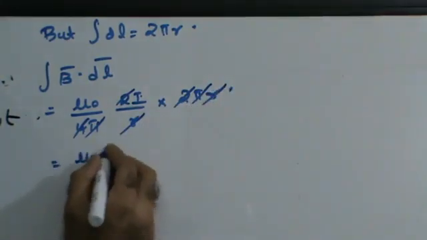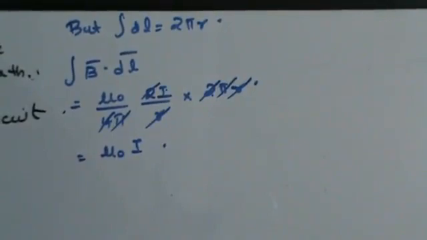That leaves you with mu 0 I. That is your line integral. That's how you derive Ampere's law.